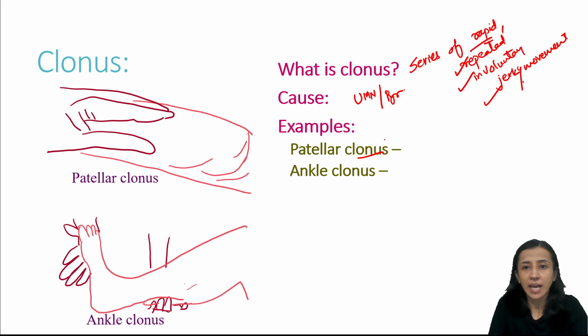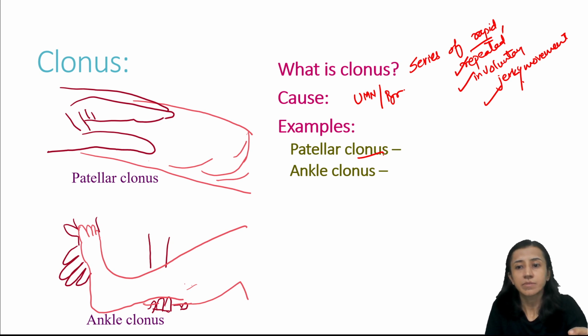Here, the examiner grasps the patella with the index finger and thumb and pushes it down forcefully towards the foot. What happens? There are rapid, repeated, rhythmic, jerky movements in the quadriceps and patella.